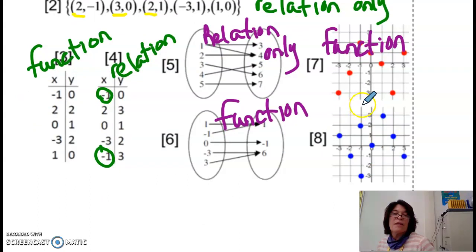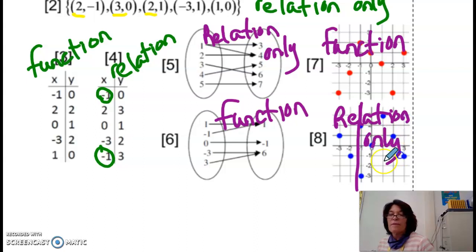For example, right here, guys. Oh, sorry, I can't draw straight. -1, 2, -1, -3. The same x coordinate is going to two different y coordinates. Nope, not a function. This is a relation only.